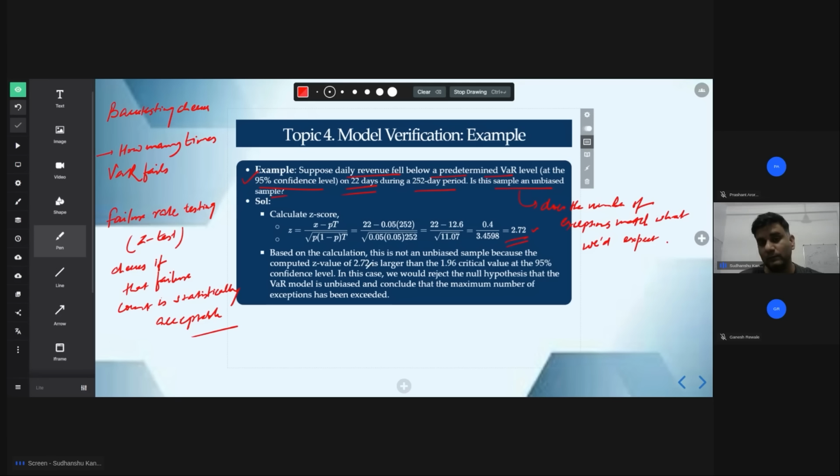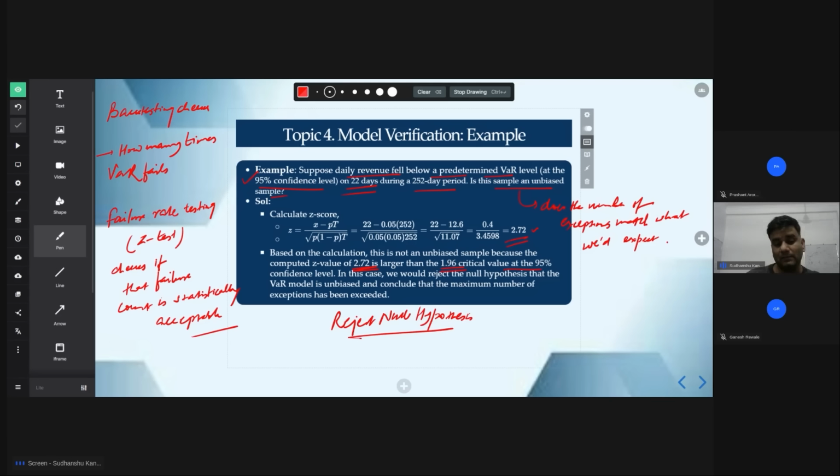So our computed statistic, 2.72, is larger than 1.96, which is the critical value. If it is larger, we reject the null hypothesis. Why? Because 2.72 is greater than 1.96. So what was the null hypothesis?